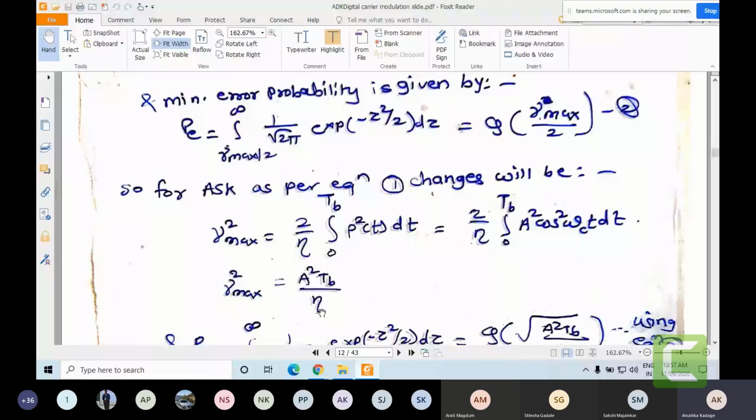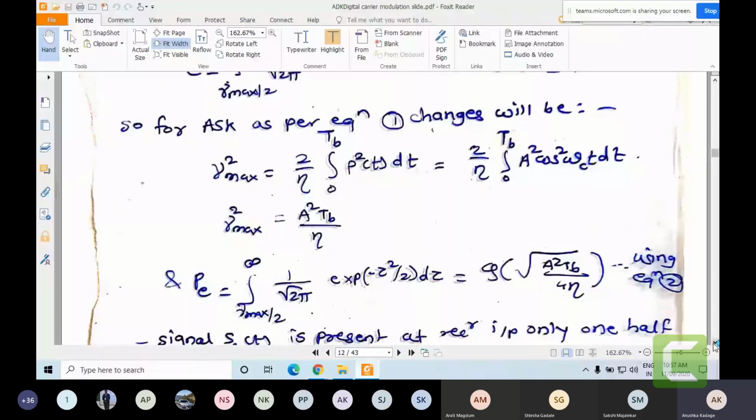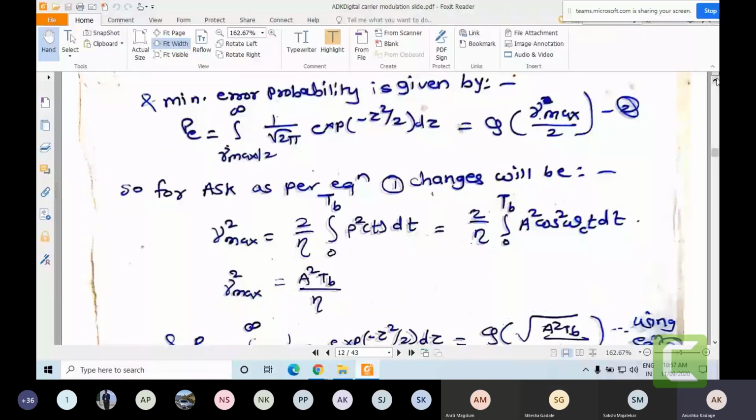Now this is your gamma square max value. This gamma square max you are substituting for this gamma max by 2, and that's how the Q function here, which was in terms of gamma max by 2, will be obtained as square root of A square Tb divided by 4 eta, because it is gamma max divided by 2.